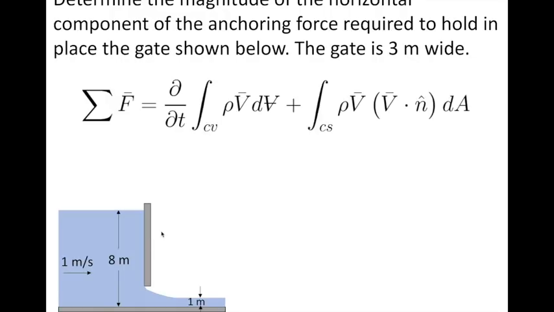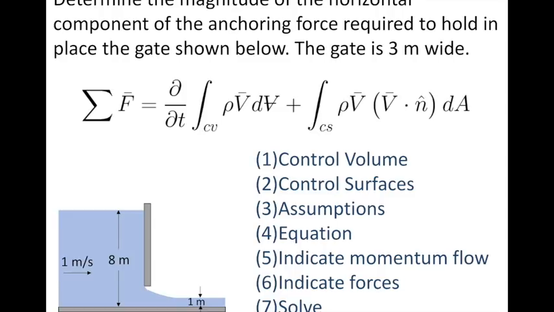We're trying to figure out what is the force acting on this gate as a result of the fluid, the water that is moving down through the system. So what we're attempting to determine is the anchoring force required to hold that in place. Okay, and this is the order of operations that I would like you to work your way through as you solve these momentum problems. If you work it through with these steps systematically, you will have a lot of success.